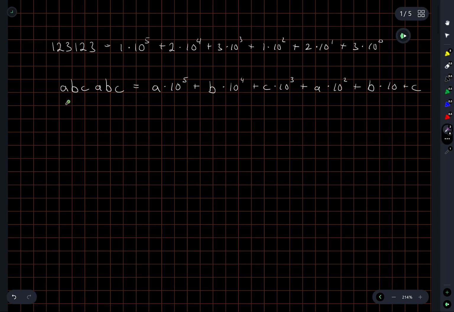I'm using bad notation here, right? This is supposed to be a 6-digit number. This is not a product of A, B, C times A times B times C. But I think you probably get the idea of what I'm going for here. Anyway, what I'm left with is A times 10 to the 5 plus 10 squared plus B times 10 to the 4 plus 10 plus C times 10 to the 3 plus 1.